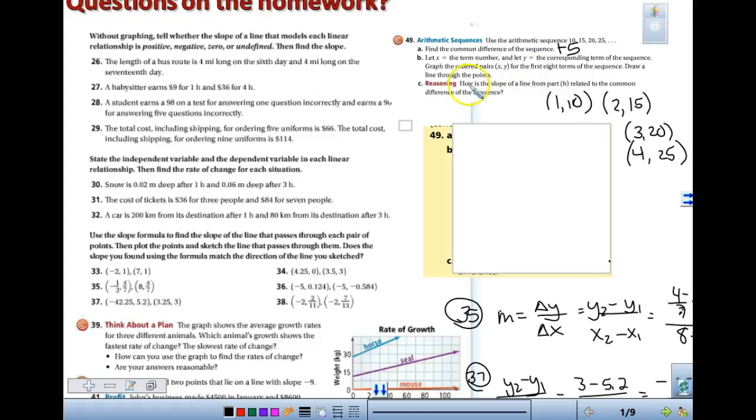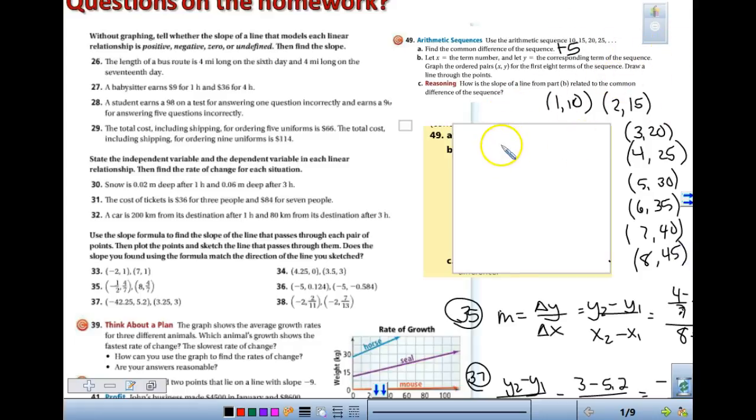Right? And it says to list those first 8 terms. So we keep going. 5 would be at what? 30. 6 would be at 35, right? 7 would be at 40. And 8 would be at 45. And actually that sequence keeps going, thus the dots behind it.